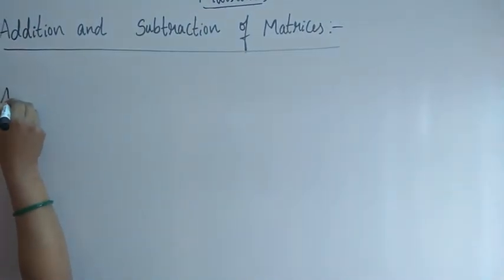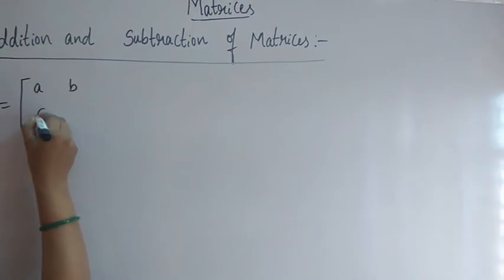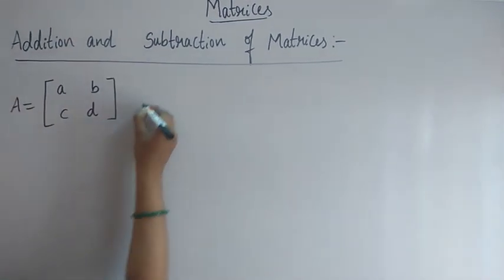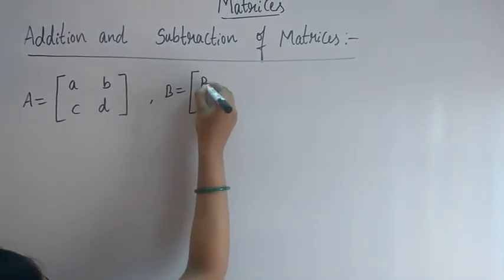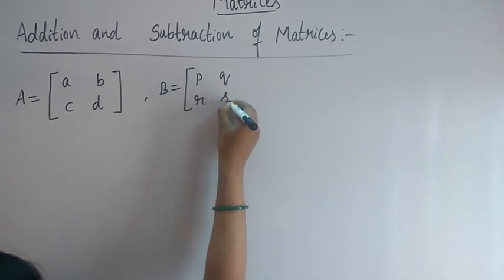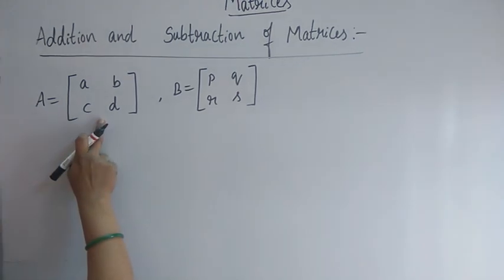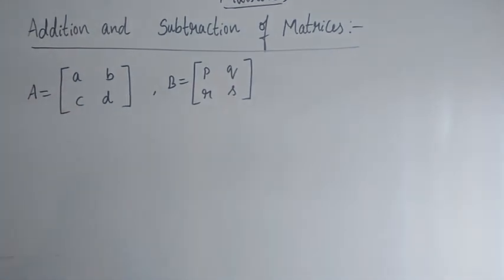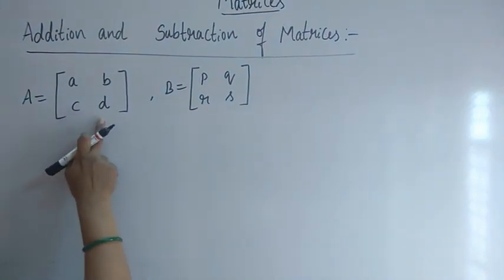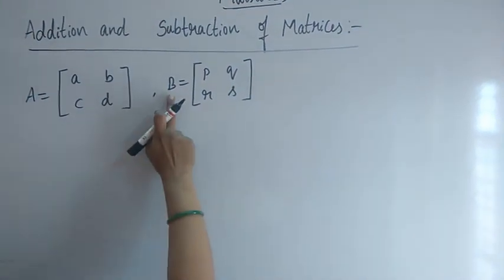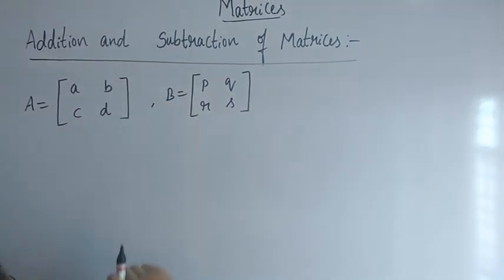If I consider the matrices in general form, matrix A is a, b, c, d, and matrix B is p, q, r, s. Here we can observe matrix A is of the order 2 cross 2, and similarly matrix B is also of the order 2 cross 2. Here we have 2 rows and 2 columns.